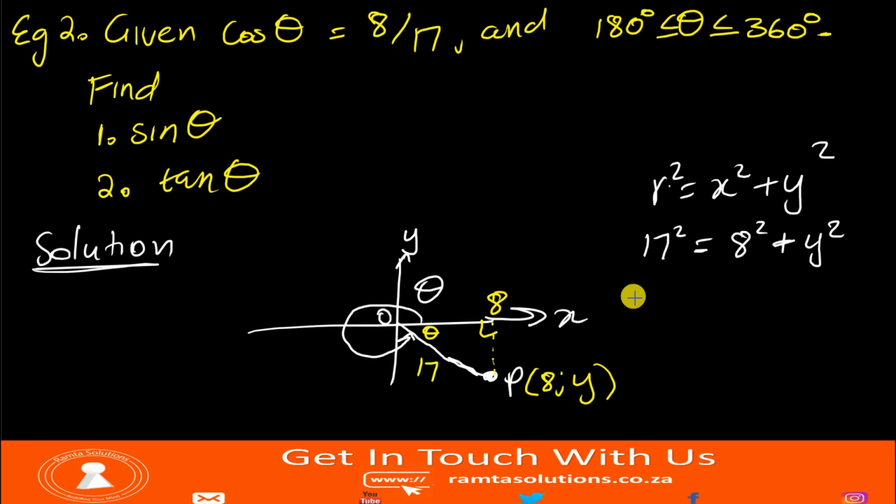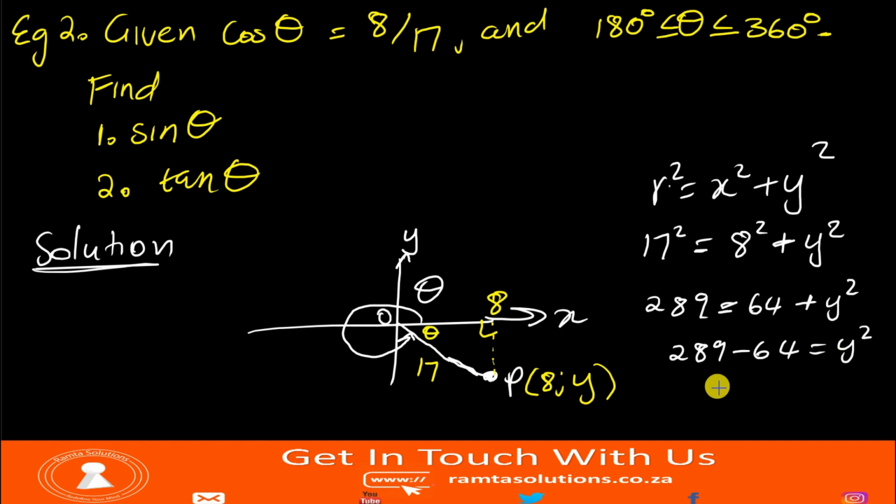So 17 squared, what is it? 17 squared is 289. 8 squared is 64 plus y squared. So 289 minus 64 is equal to y squared, which is 225 equals y squared. We are not done.